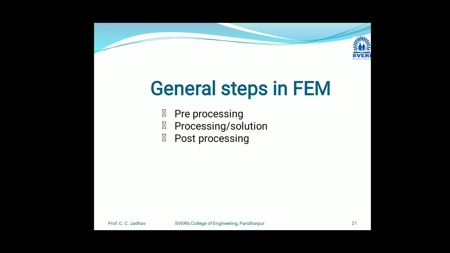So we have to do the meshing after the creation of the model. And the last step is that the desired boundary condition is applied to the meshed elements. After meshing is completed, we have to give some boundary conditions to the meshed elements. These are the important pre-processing steps in FEM.